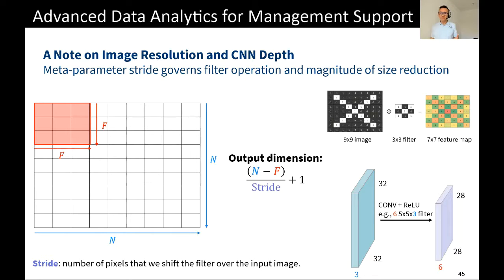It helps, at least it helps me, to think about that by picturing a matrix as here, where we could say the stride is the number of columns by which we move our filter.